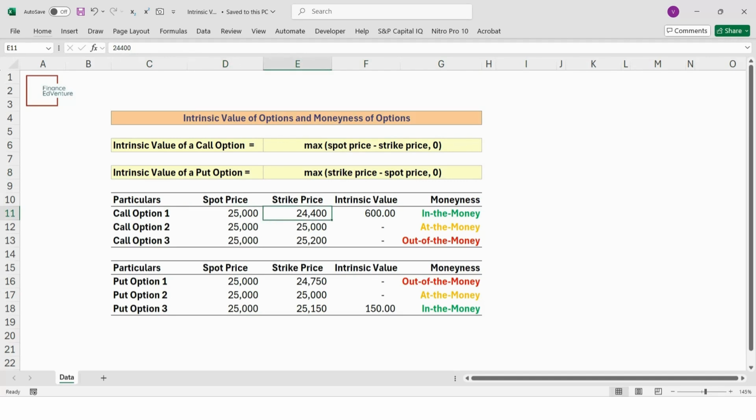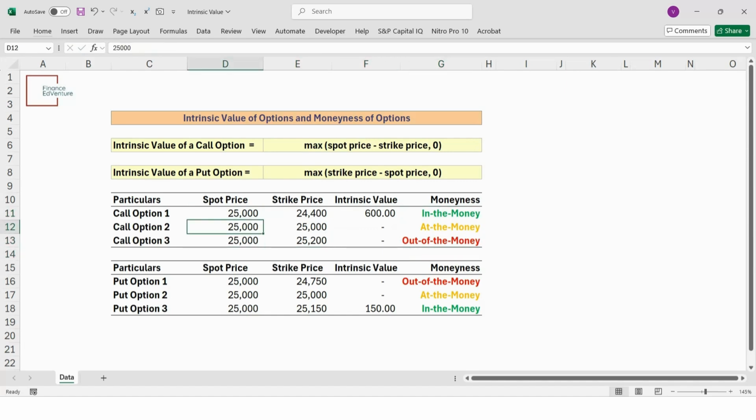And whenever that happens, it's a profit condition for me. My intrinsic value of the option is max of the spot price, which is 25,000, minus the strike price, which is 24,400. It's a 600 rupee profit for me, and which is why we say this option is in the money. I am in the money, or I'm making profits on this.